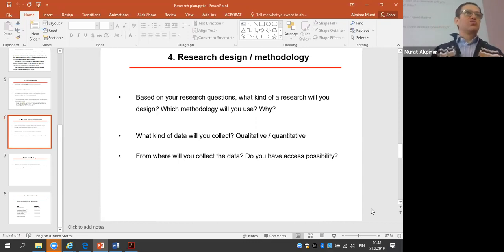And I also want you to think about already from the beginning, where will you collect the data? So qualitative approach means will you be studying a specific company, or will you be interviewing some experts about the field? How will you collect data? When we talk about data, we have secondary data and primary data.